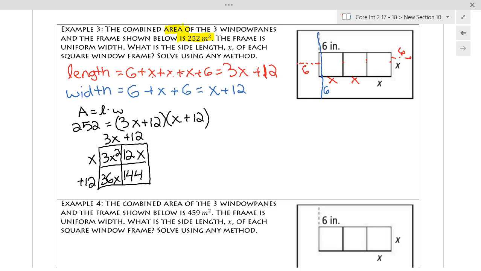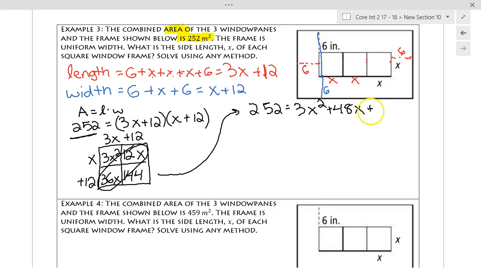So with that, I have 252, right? We still have that first number, equals, I have 3x squared. I have 12x and 36x, which is 48x, plus 144.